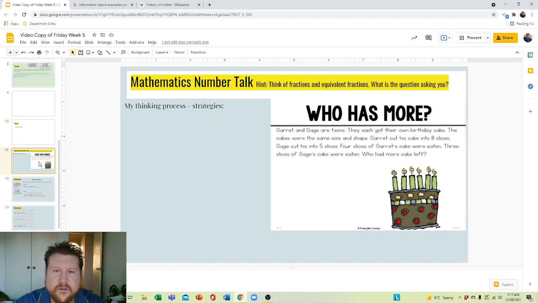And here we go. The number talk for today is think of fractions and equivalent fractions. Remember? A fraction is just parts of a whole. So if there are two wholes and they're split up differently, and the same amount is represented, it's still equivalent. If I cut a pizza in half and take one half, I have one out of two pieces, correct?